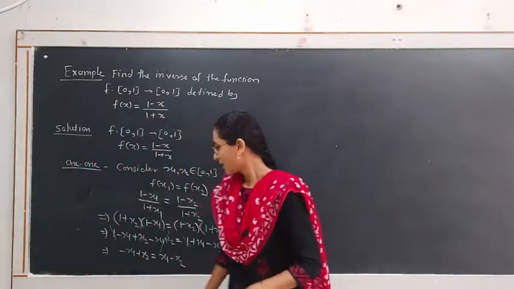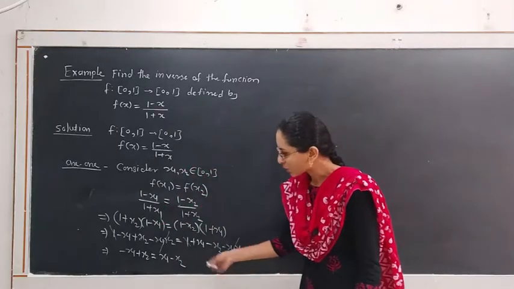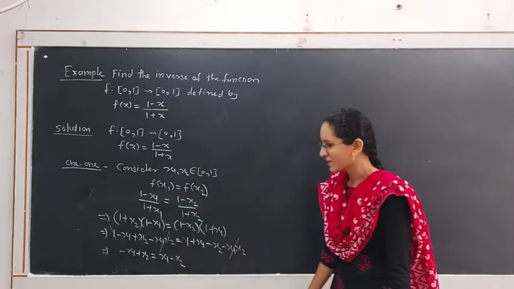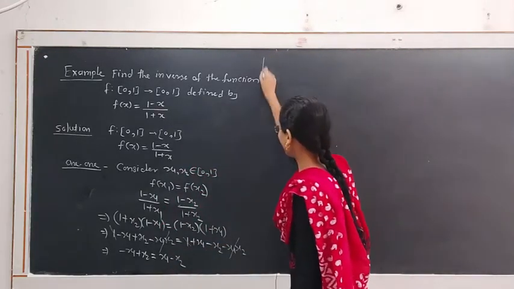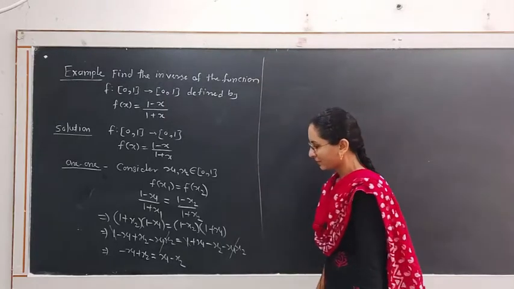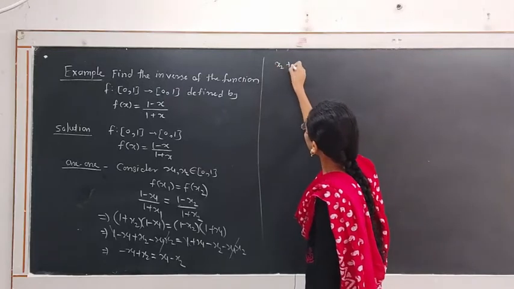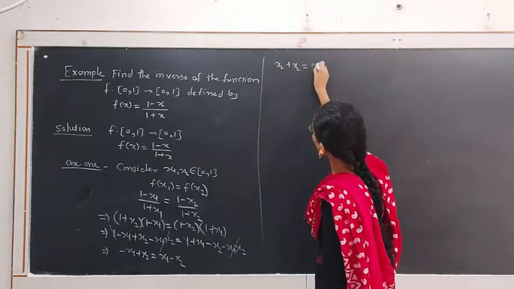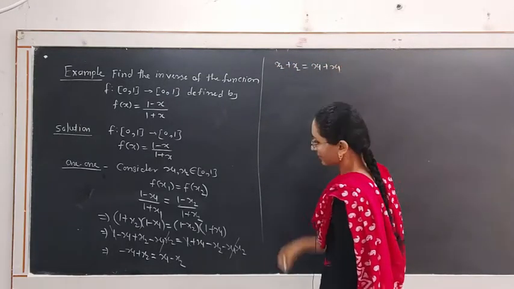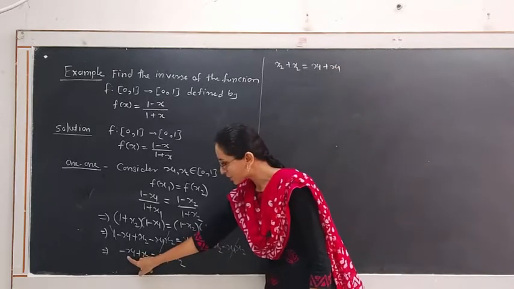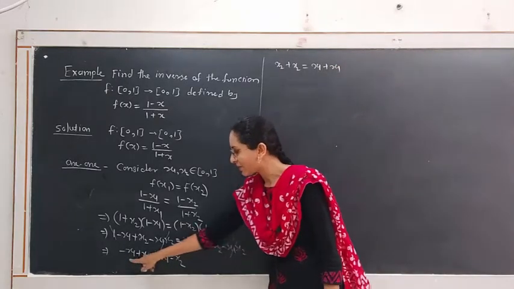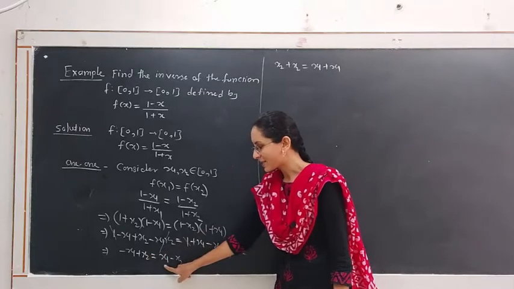Now we shift the x1 terms towards one side and x2 terms towards the other side. Then x2 plus x2 is equal to x1 plus x1. If this minus x1 is shifted towards the right, it will be plus x1 and this x1 is the same.